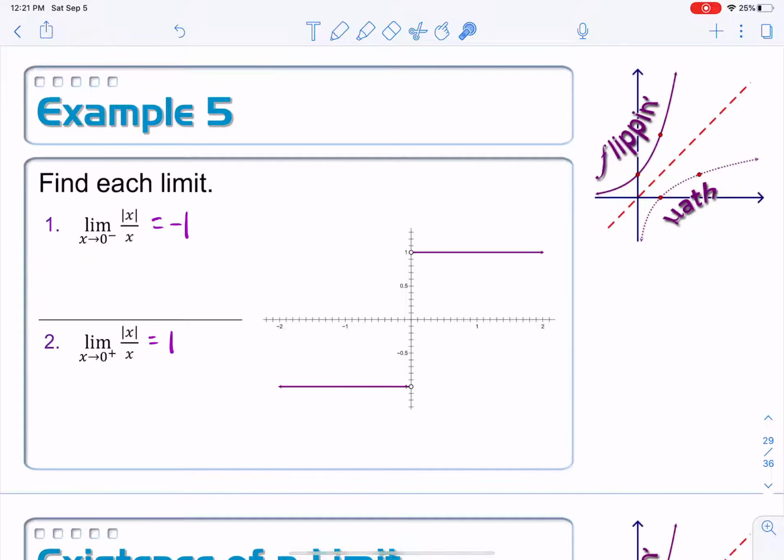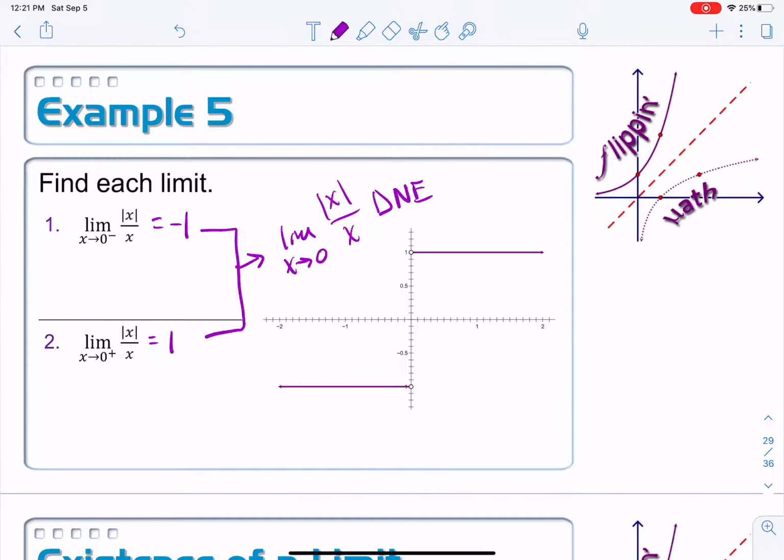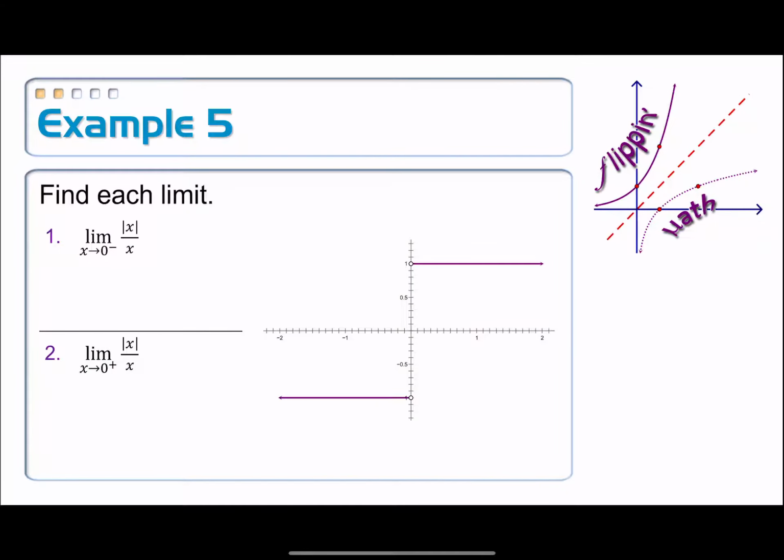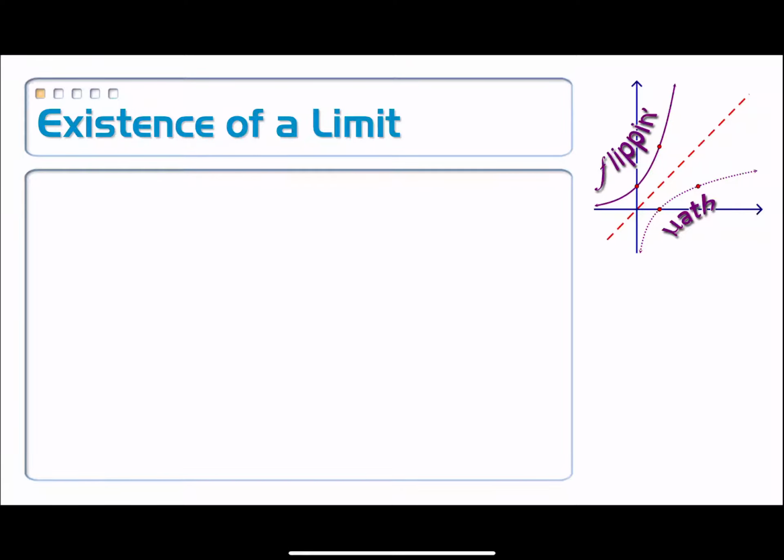But since these are not the same exact number, we would say that the limit as x approaches 0, which implies both sides, of absolute value of x over x does not exist due to differing left-right behavior, which brings us to the existence of a limit.